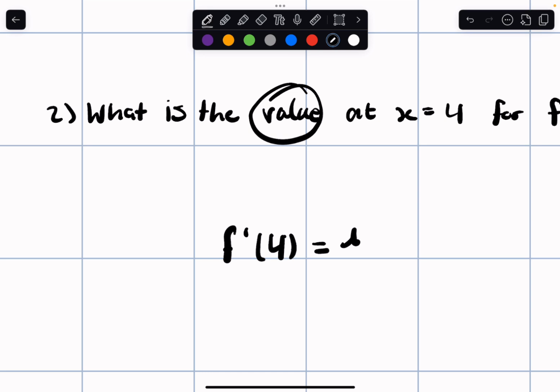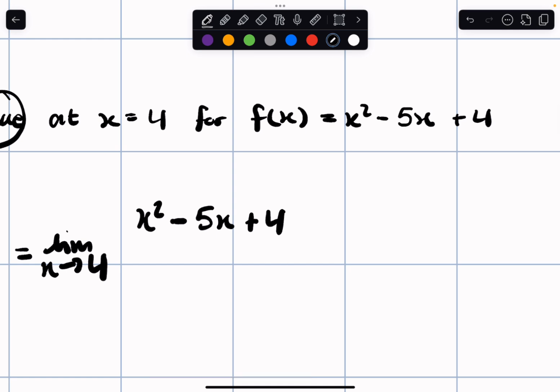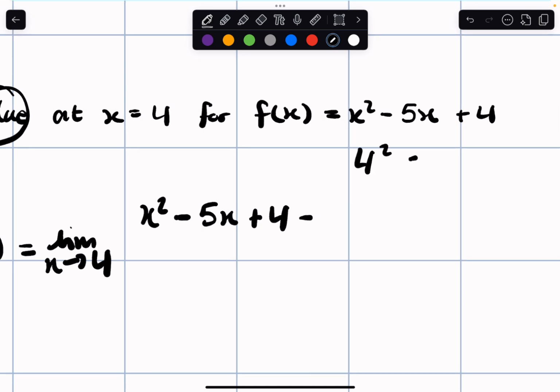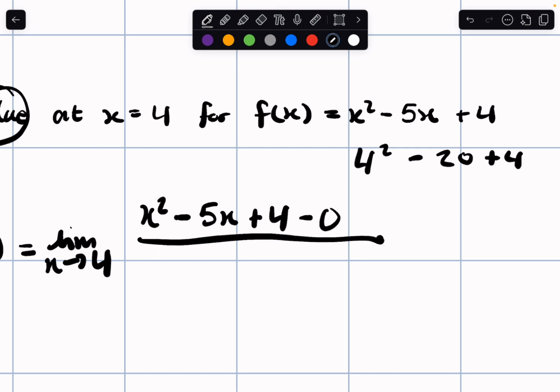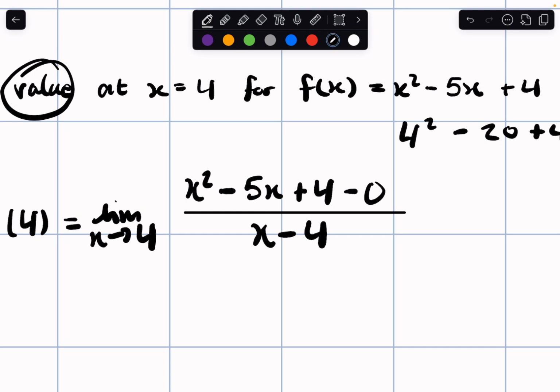So f prime of 4 is equal to the limit as x approaches c, and c we said was 4, of f of x, and f of x is x squared minus 5x plus 4 minus f of c, so it's going to be 4 squared minus 5 times 4 is 20 plus 4, so it'll be 16 minus 20, so we get negative 4 plus 4 is 0. Then divided by x minus c, which would be c is 4. So we'll just solve this limit.